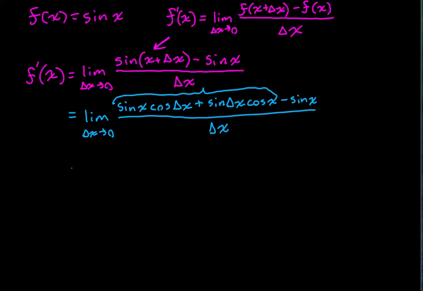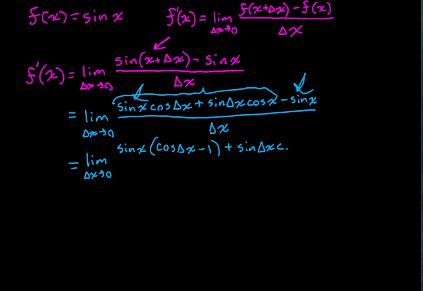So now, what can I do? Well, I've got the sine of x here, the sine of x here, so maybe what I'll do is say that this is the limit as delta x goes to 0 of sine of x times cosine delta x minus 1 plus sine of delta x times cosine of x.